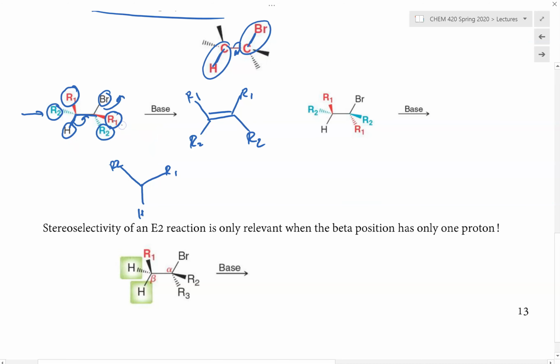So that would be the front carbon. And on the back carbon, we will see the bromine is pointed up. It has to be opposite to this hydrogen right here, or 180 degrees from each other. And now the R1 is on the right side, and the R2 is on the left side.